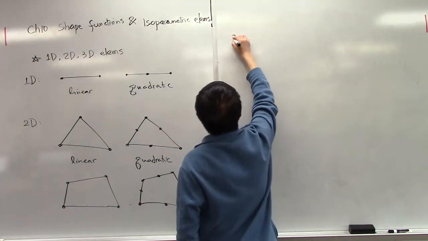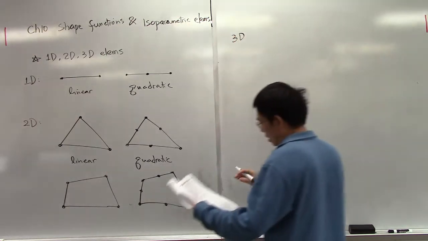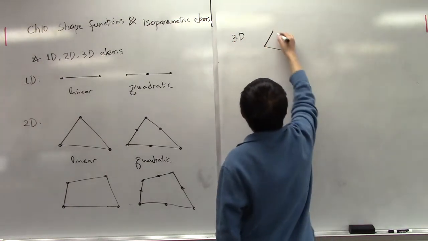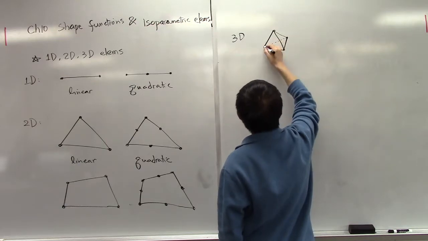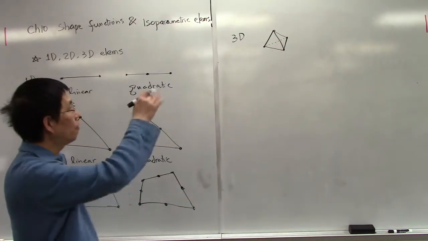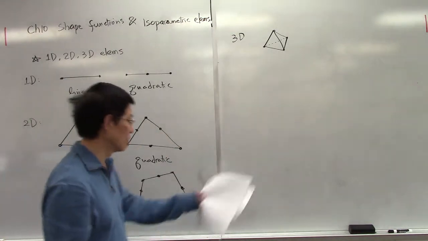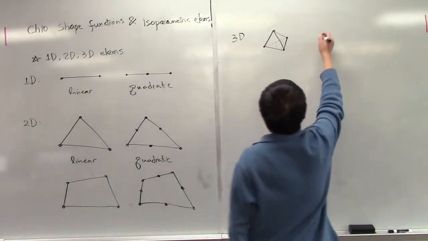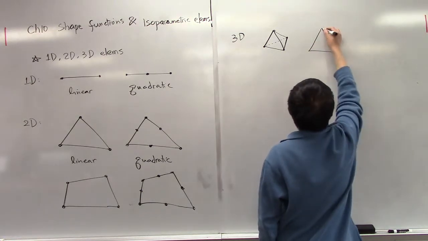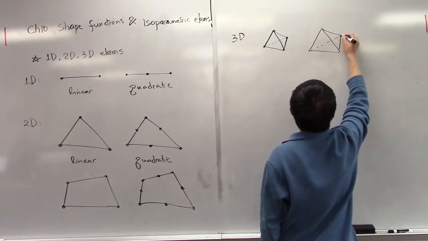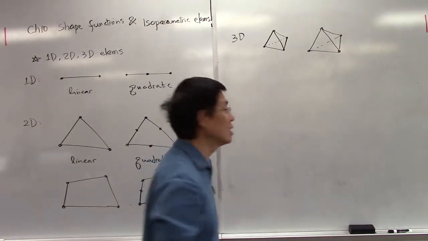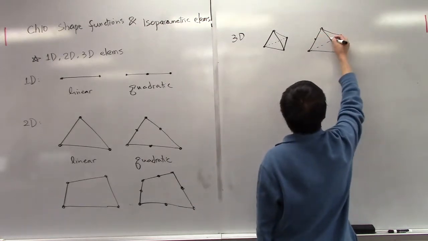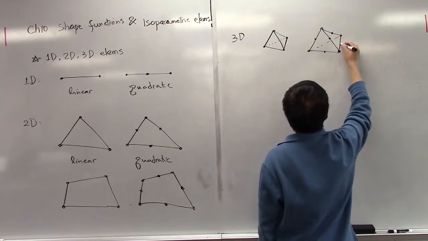Similarly, we can extend the idea to 3D. Then you could have a tetrahedral element, which is like a pyramid. You have four corner nodes. You can also have a quadratic tetrahedral element where you have mid-edge nodes here, here, here, here, here, here.